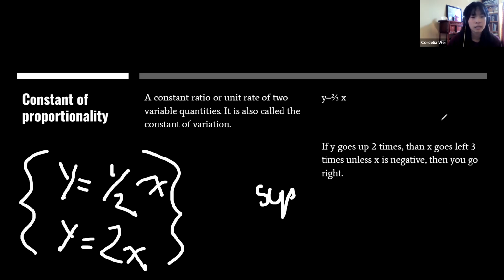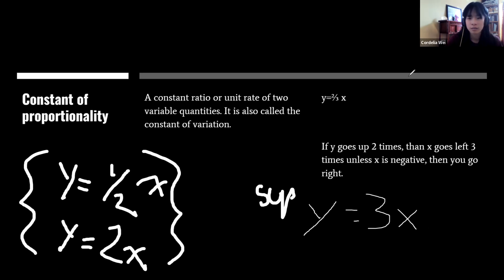It could just be y equals something x. So it could be any number. Okay, so y equals 3x is a constant of proportionality. So good, I'm teaching well.